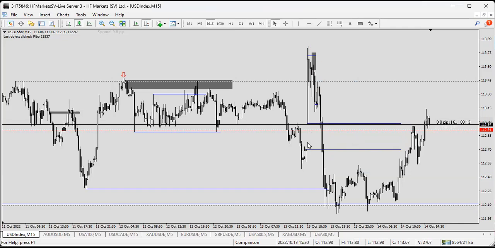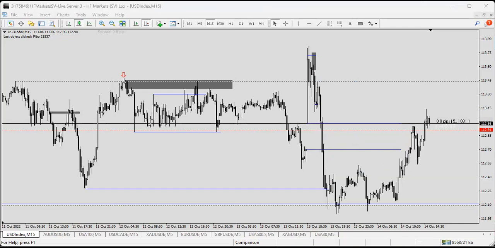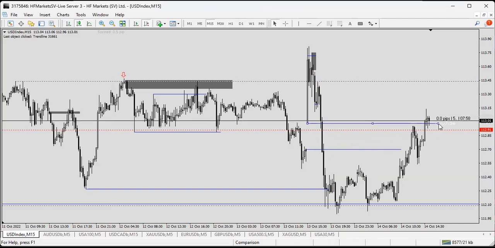The whole imbalance right here, traded down, back up through it, failed. Now we're coming back down below it. So if I'm going to be thinking order blocks inside here, then I'd want my definition of order blocks to be satisfied. Do we have a pool of buy side being taken right here so we can expect lower prices?